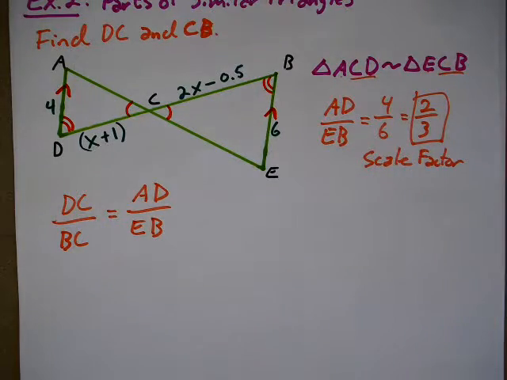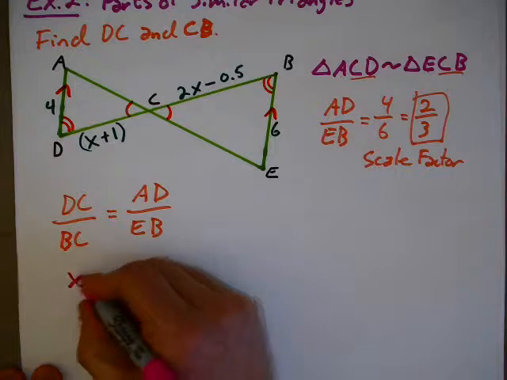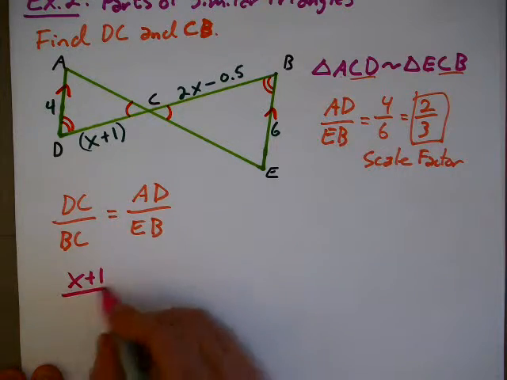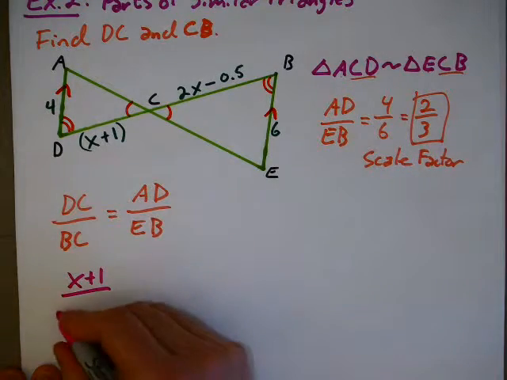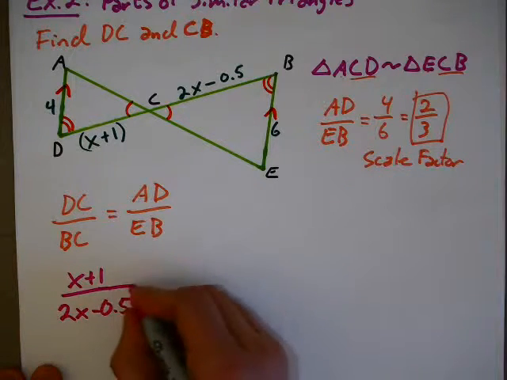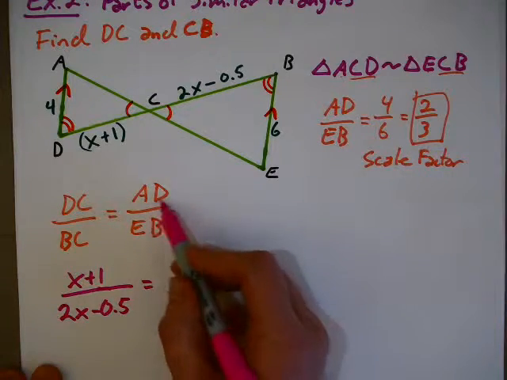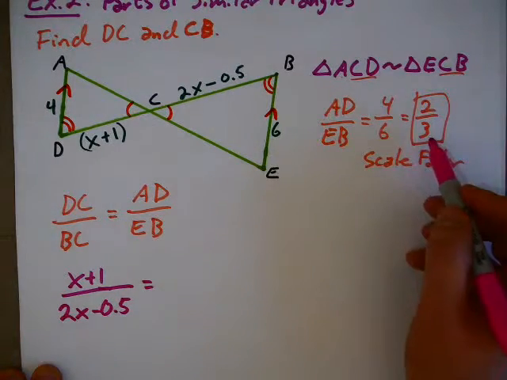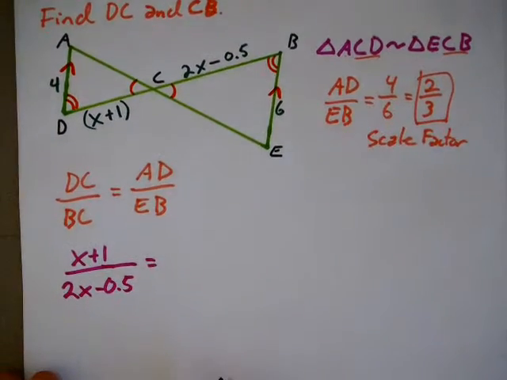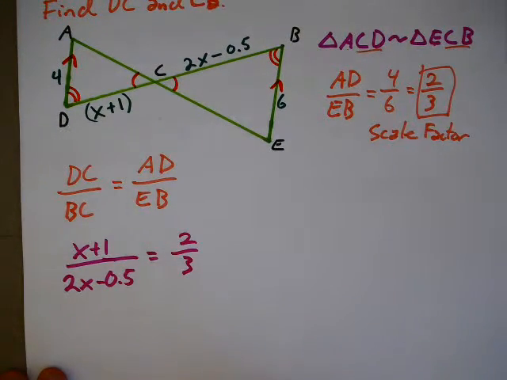So let me just change markers here. My proportion is going to be DC, which is x plus 1, over BC, which is 2x minus 0.5. And that's going to equal AD over EB, which we have already figured out is 2/3, our scale factor. So I'm going to use cross multiplication.